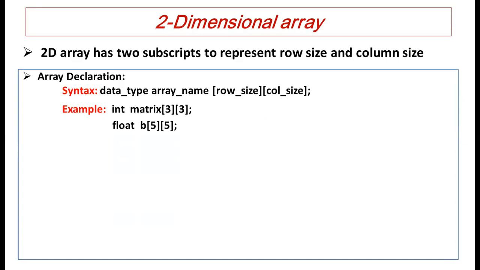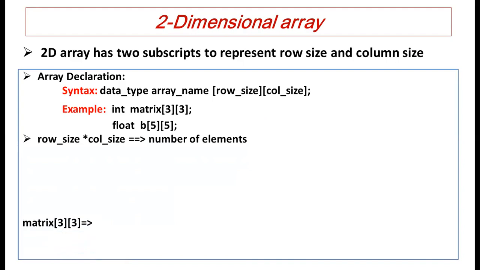Total 25 elements can be stored. Row size into column size will give the number of elements. So I'll consider matrix 3 into 3, the two-dimensional array name is matrix, with 3 rows and 3 columns. Total 9 elements can be stored.